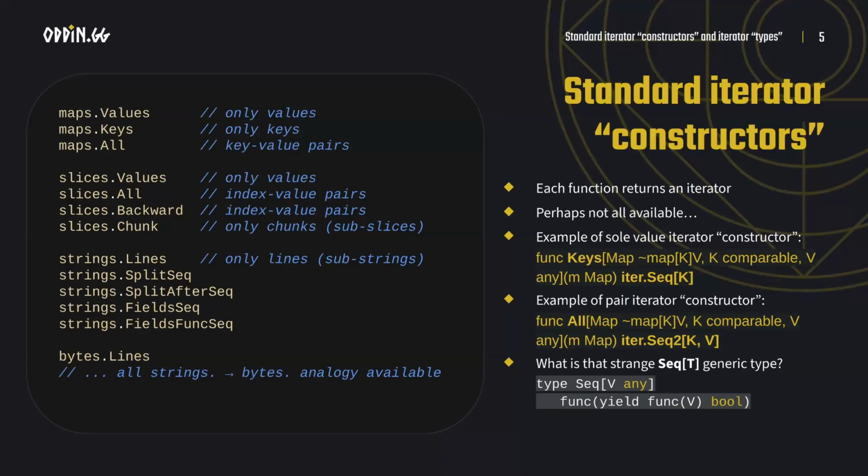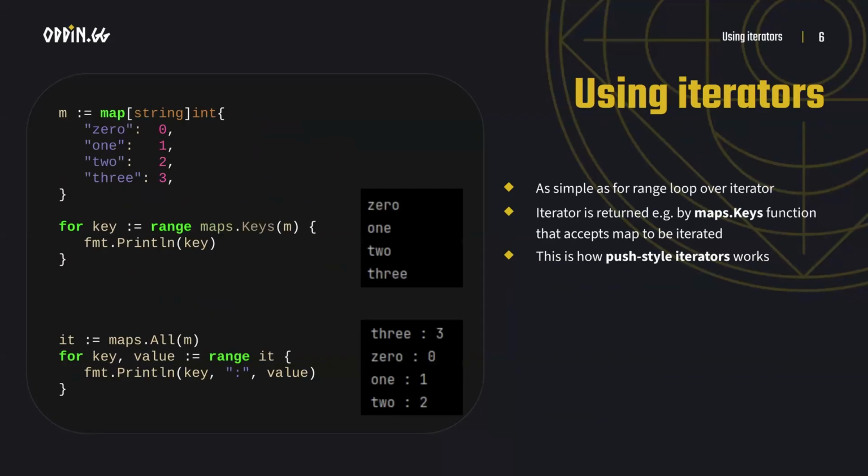What is important is that I told you there are some iterator types. This iter.Seq, this generic type, is the iterator itself. What it truly is, is just a function that gives you another function through which you control it. We can see it on the next slide.